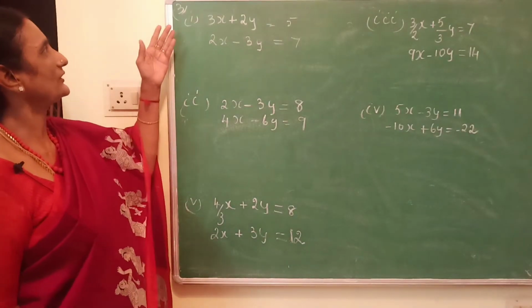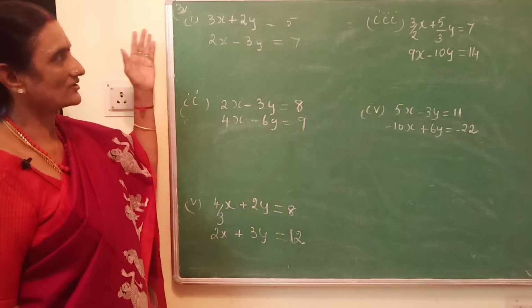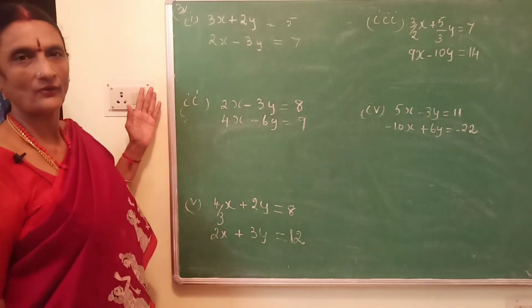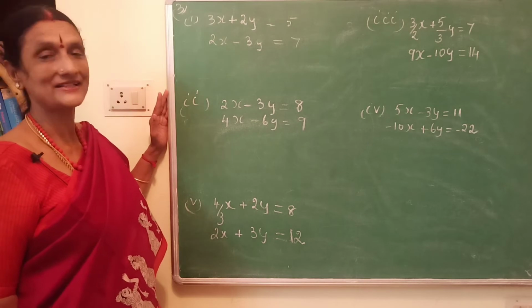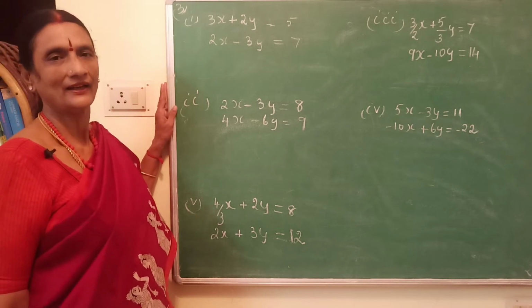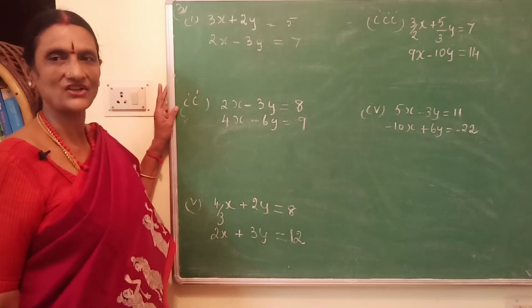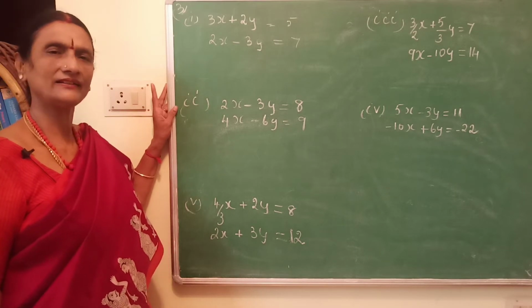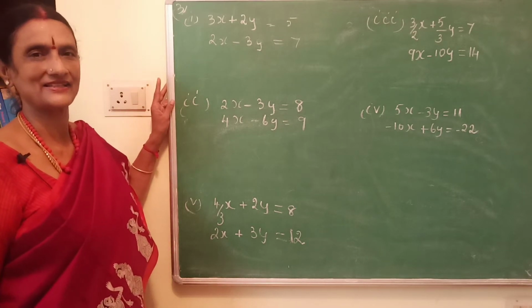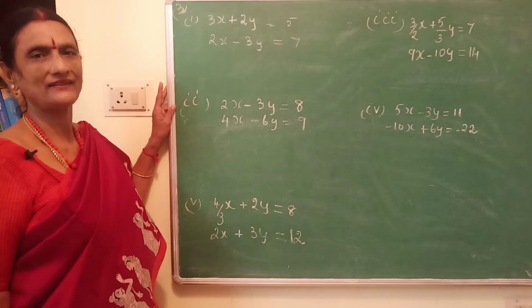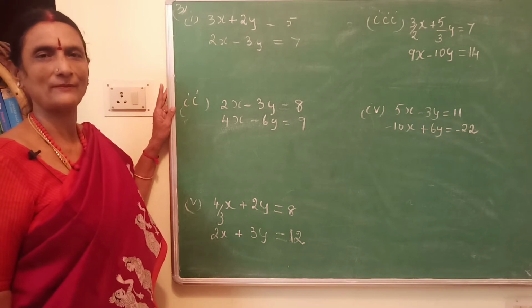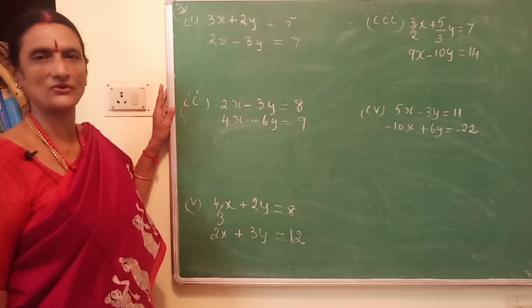Now we'll move on to the third sum. It has 5 subdivisions. In the third sum, we have to find out whether the equations are consistent or not consistent, that is, inconsistent. Again, the ratios a1 by a2, b1 by b2, c1 by c2 are to be considered.